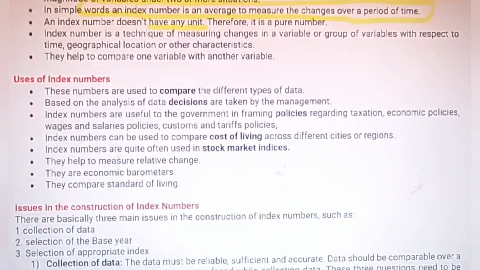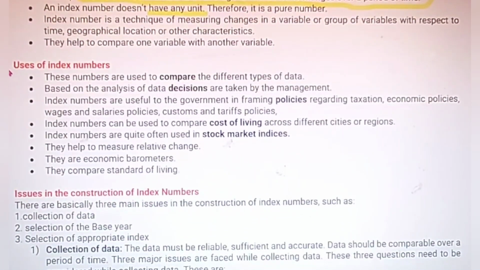Now this is the most important one. If you are going to get the question, you can get this one. Uses. Basically, index numbers are quite useful for comparing data, for taking management decisions on the basis of comparison. We can frame policies by dint of index numbers. We can also find out the cost of living in economics. Basically, the government uses these index numbers.